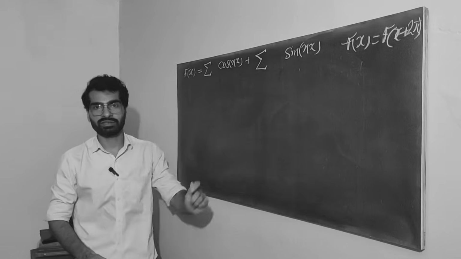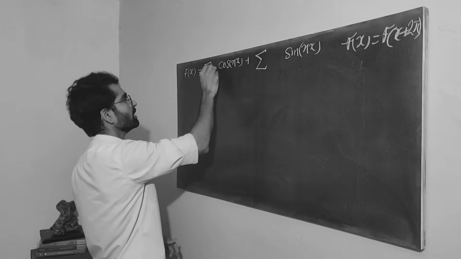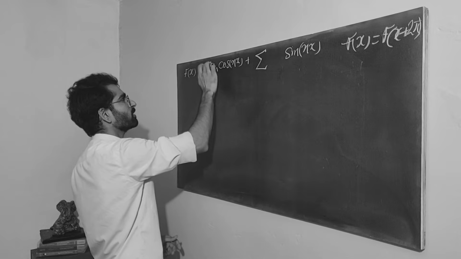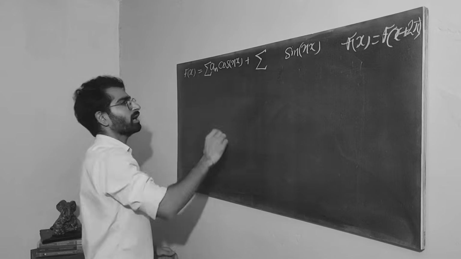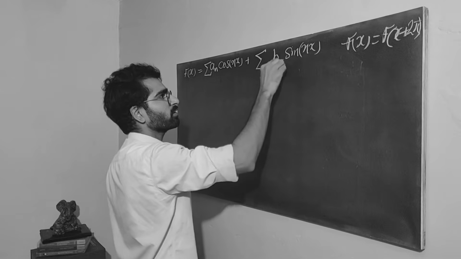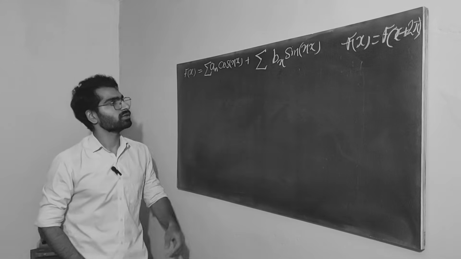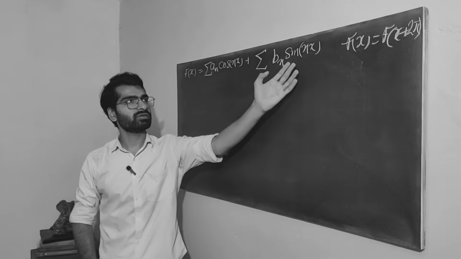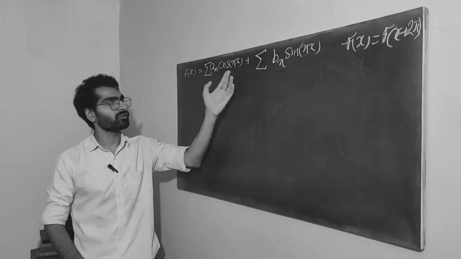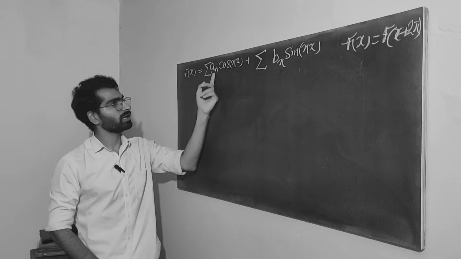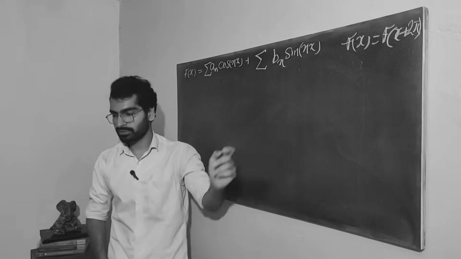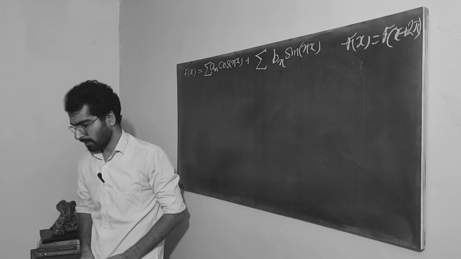So I run a summation, and I want each of those cosines to have different amplitudes, and I want the same for sines. So here you have many sine waves, many cosine waves with different amplitudes and different frequencies.